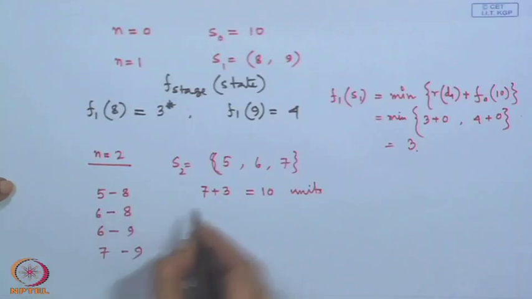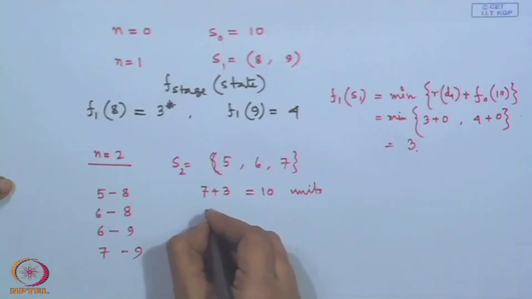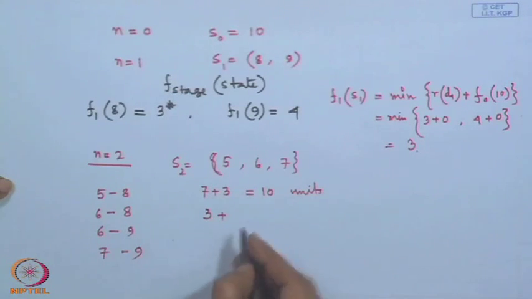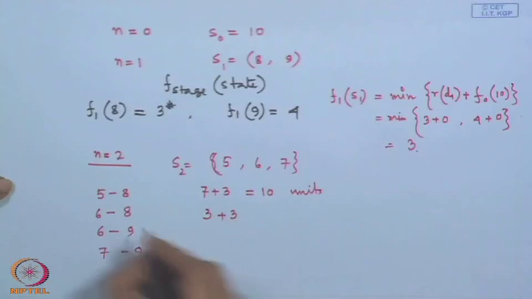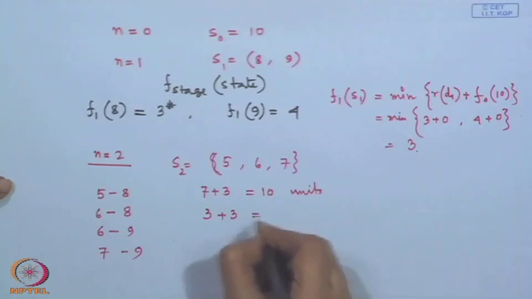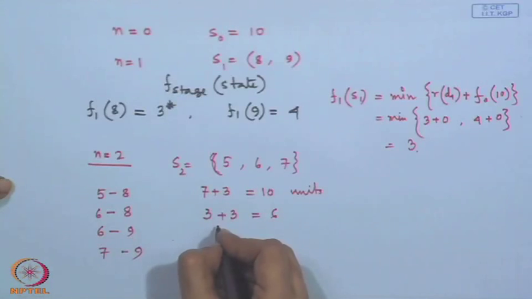If I move to 6 to 8, the immediate cost I have to incur is 3, and what about the previous one? That is again 3, because at point 8 it was 3, that is why we are getting 3 plus 3, equal to 6. For 6 to 9, the previous stage optimal value is 3, always.